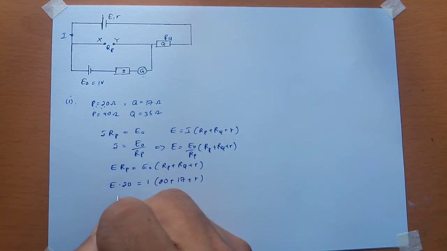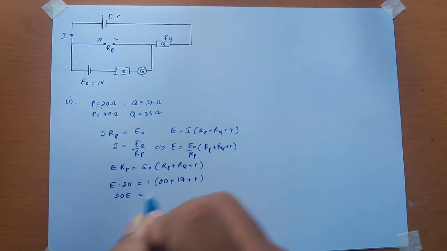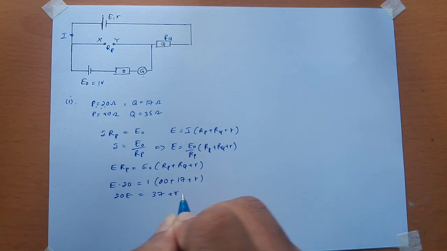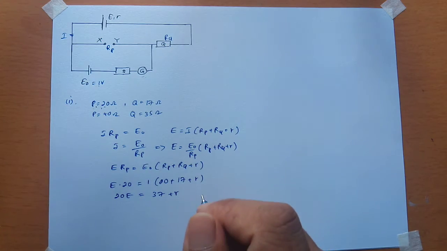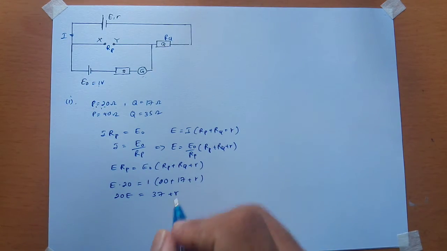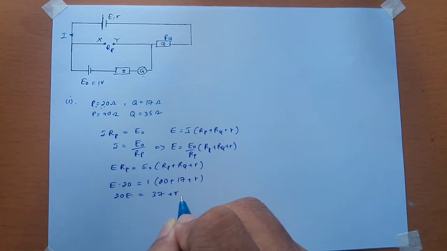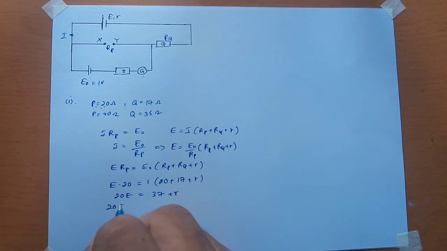So we have 20E equals 37 plus r. I can take this as one equation: 20E minus r equals 37.